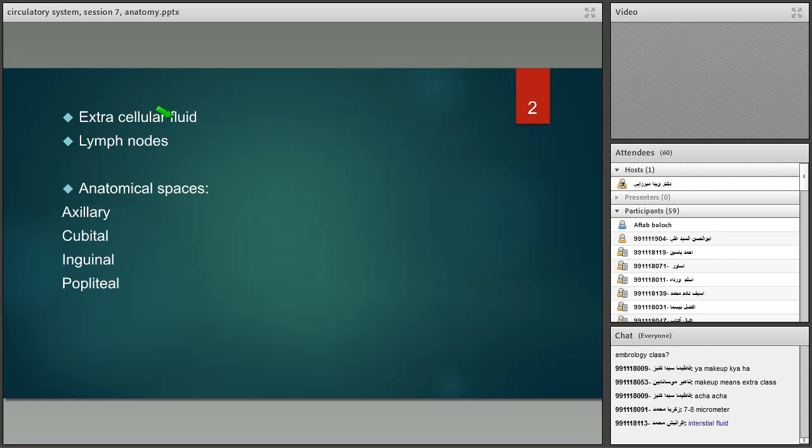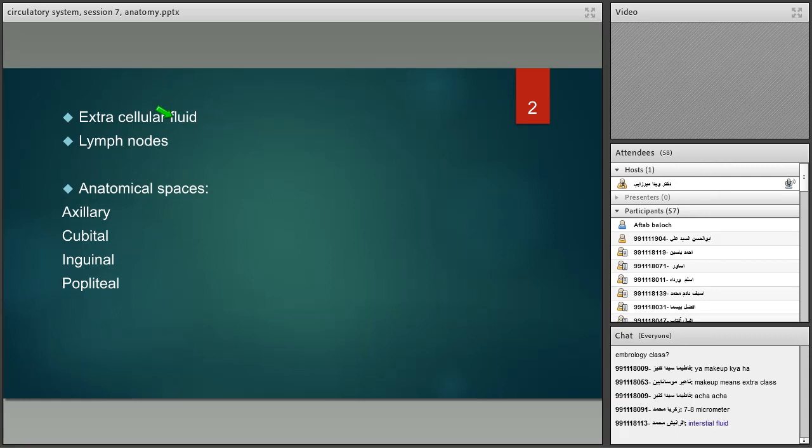We call that interstitial fluid also, or extracellular fluid. So the cells will give their waste products to the extracellular fluid and take the needed materials from this fluid. Okay? The important materials are entering the extracellular fluid from the vessels, from the capillaries.